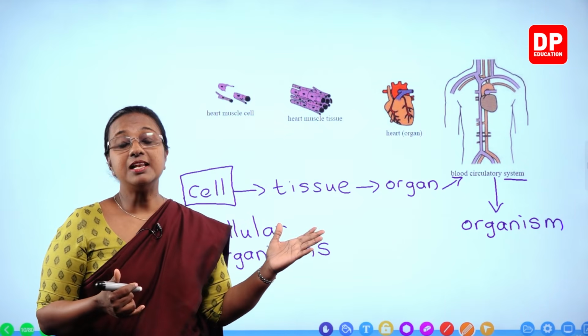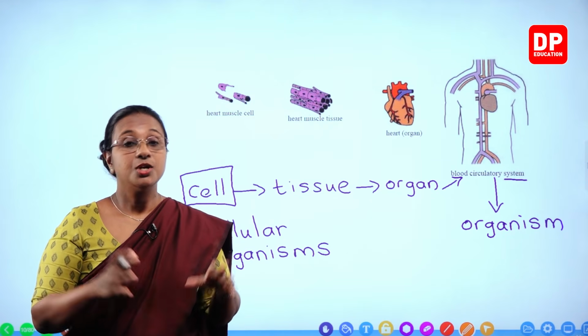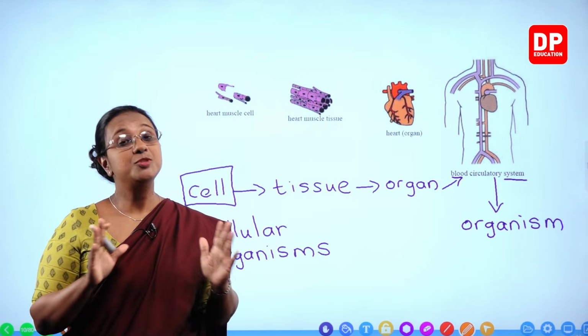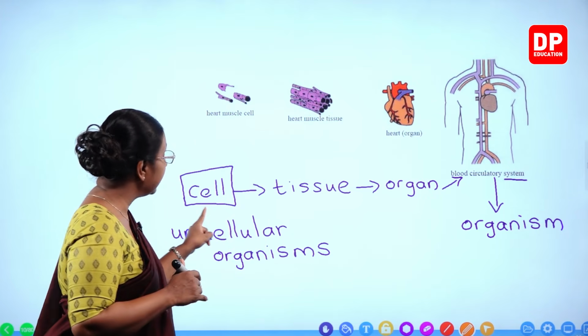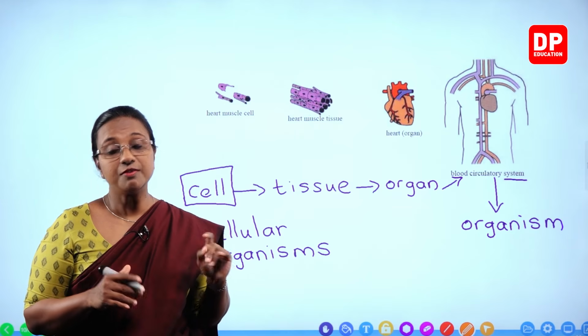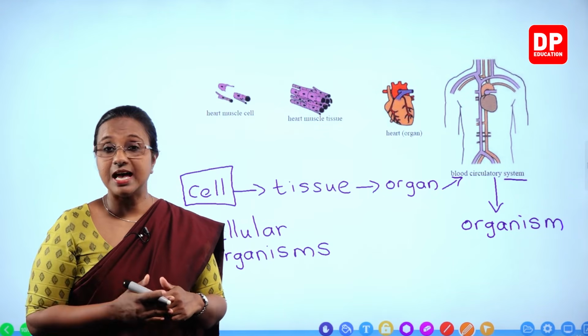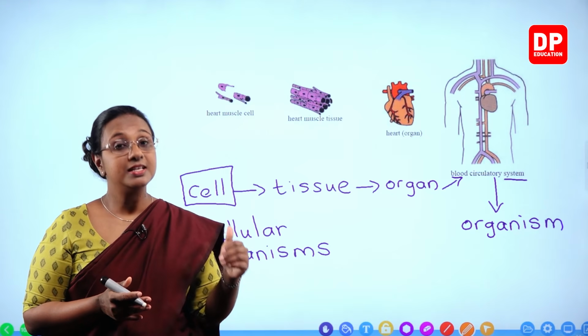And within the cell, you all know there are organelles that carry out many functions. So because of all that, I'm sure you all know that the cell is the basic structural and functional unit of life. And I'm sure you can remember Robert Hooke was the scientist who initially discovered the cell.